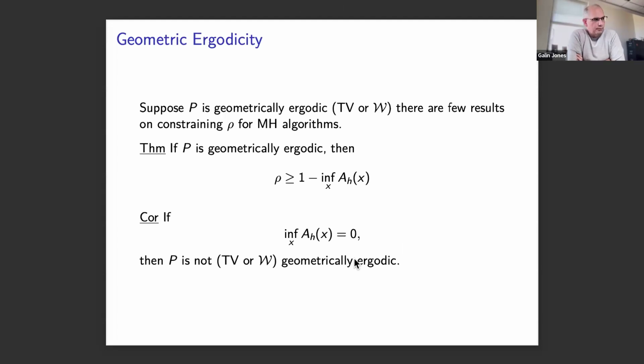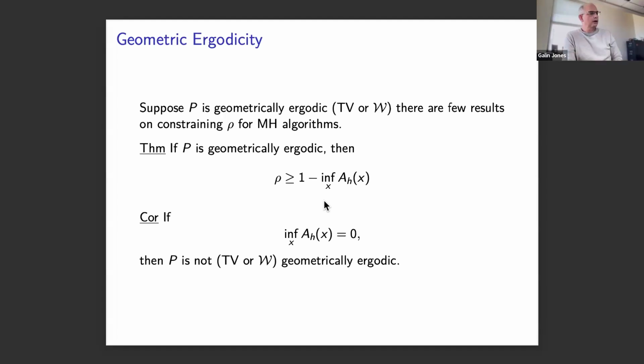If the Markov chain is geometrically ergodic, then I'm just going to focus on total variation just to keep the presentation simpler. Then this constant rho is bounded below by 1 minus the infimum of this acceptance probability. Notice that this gives us an immediate corollary that if this infimum is 0, then it's not geometrically ergodic. And that's true for either total variation or Wasserstein distances.